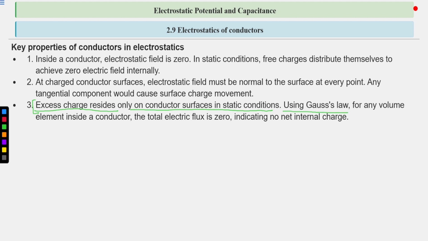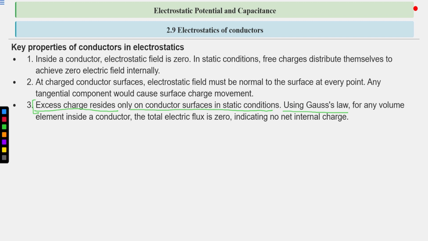Gauss law is: electric flux through any enclosed surface is equal to the charge enclosed by that surface upon epsilon naught. Okay, so if we want to find the electric flux through any enclosed surface, it is equal to charge enclosed by that surface upon epsilon naught.